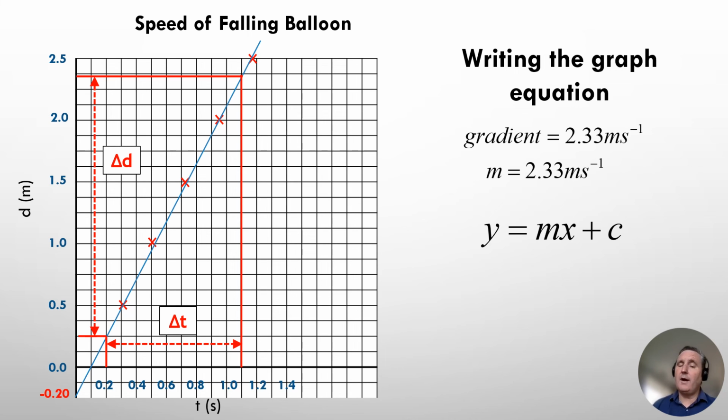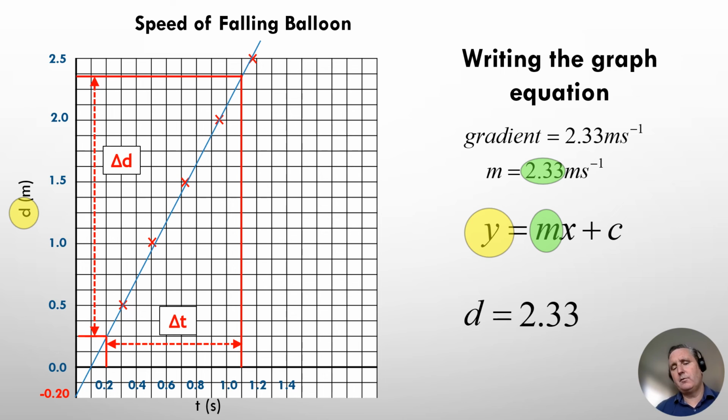So if I wanted to write the graph equation here, this equation is just to remind us how to do it. Instead of writing y, I'm going to put in the variable that is on the y-axis, and that is d. And then instead of writing m, I'm going to put in the gradient. That is 2.33.